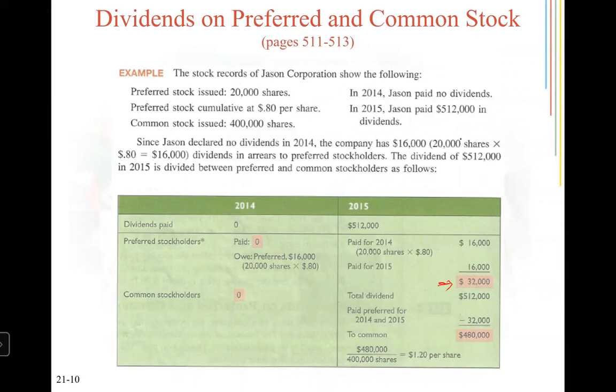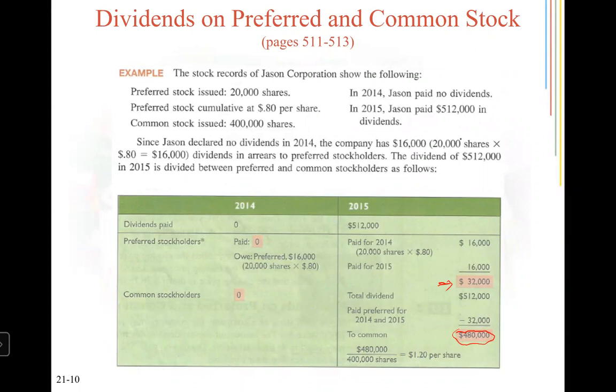So they paid the preferred shareholders for 2014 and 15, which is $32,000 in total. They take that $32,000 from the 512, so what's left is $480,000. That amount that's left goes to the common shareholders.